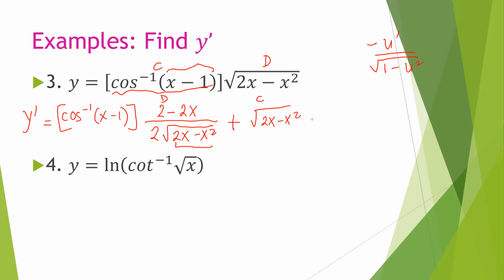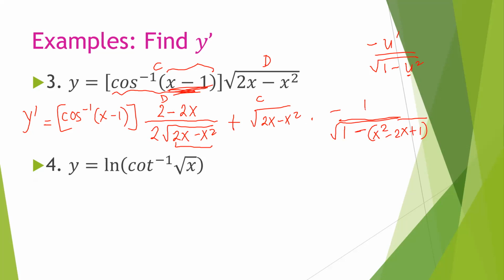Okay? So, ayun, negative. Mamaya na yung u prime muna natin. 1 square root of 1 minus u squared. So, if you are going to square the x minus 1, you have a square of the binomial. So, that will be x squared minus 2x plus 1. Okay? Tapos, ano ba yung derivative nitong u na to? Eh, di ba 1 lang naman?